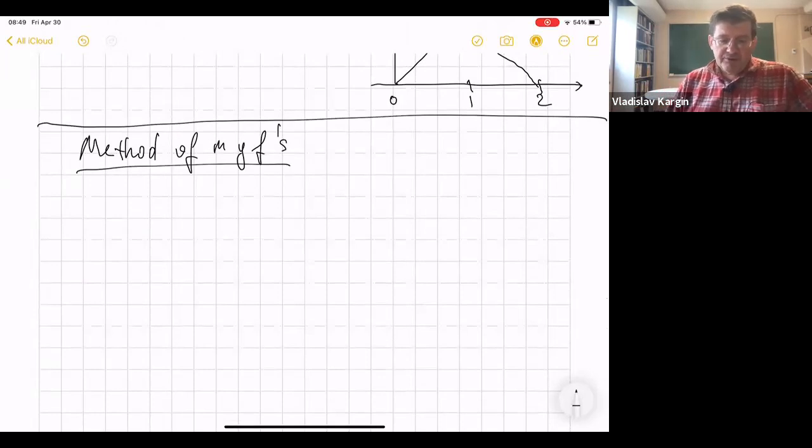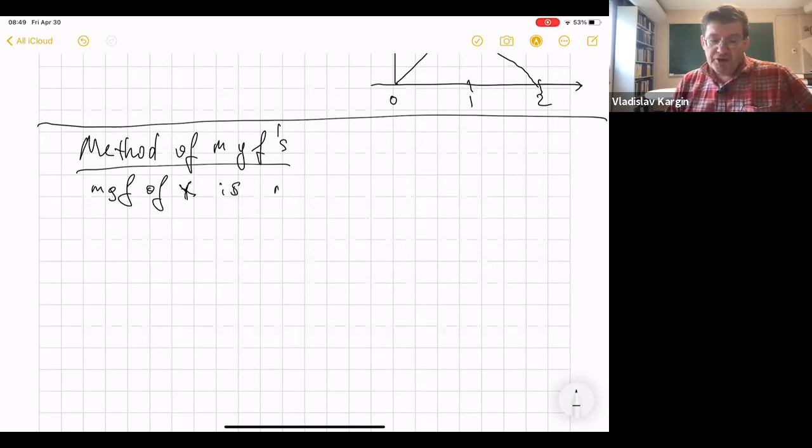Just to recall, the MGF of a random variable, say X, is M_X(t), where t is just some parameter. It's equal to the expectation of e to the power t X. So this is a function of a random variable, the expectation of e^(tX).